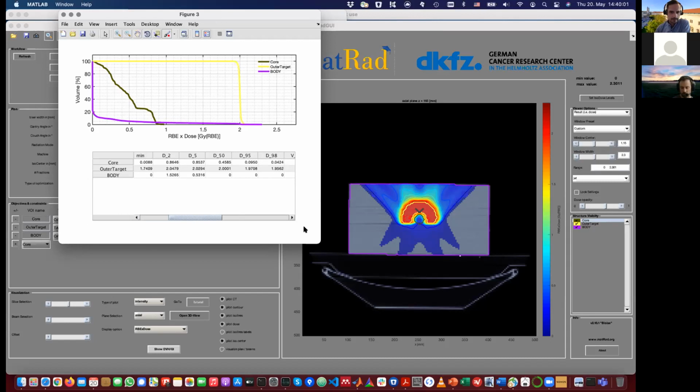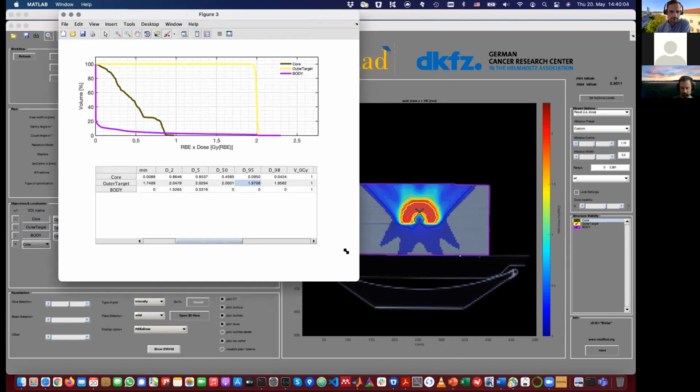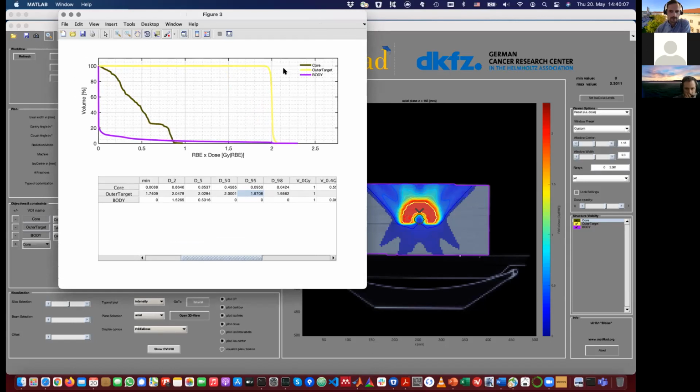So let's look at the D95 here. This looks good. Also the DVH for the outer target looks quite steep. But we also have some dose here in the core. So I don't know, like 20% of the core receives a dose greater than 0.8 gray.